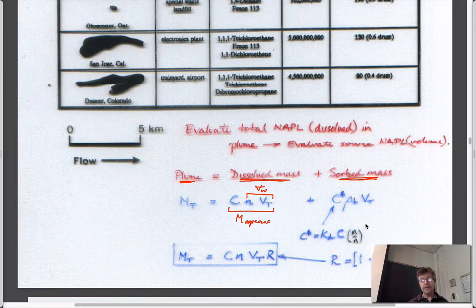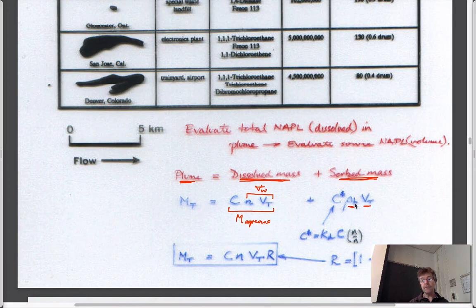The other part is this. So this again is the same total volume, but the amount that would be present that's sorbed onto the grains would be the bulk density of the aquifer times its volume. So density times a volume is a mass of the aquifer, and so this is kilograms per cubic meter.